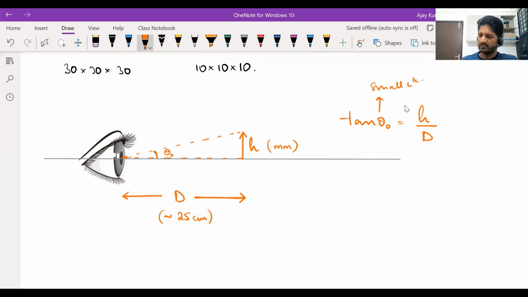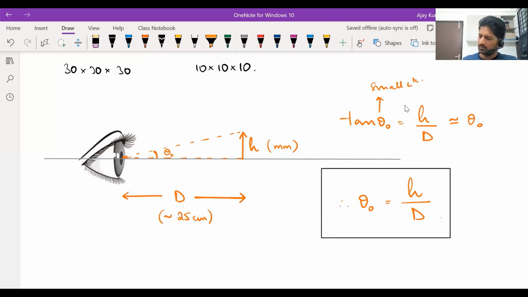And for small angles, tan theta is approximately equal to theta itself. Therefore, the angle subtended on the eye is the original height of the object divided by the near point distance. Now what we want is, we want the lens to form an image which subtends an angle bigger than this.